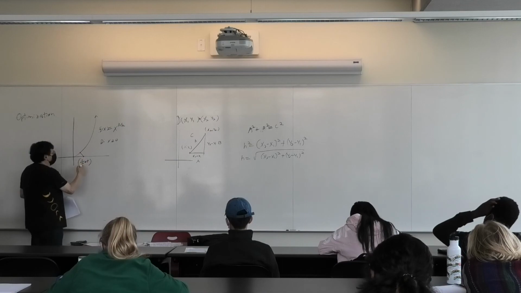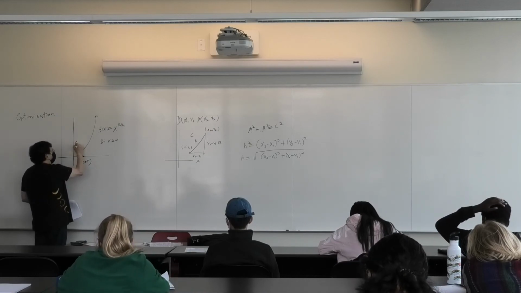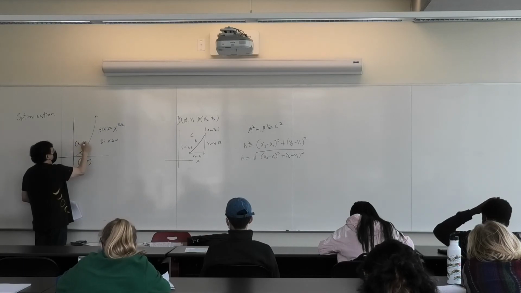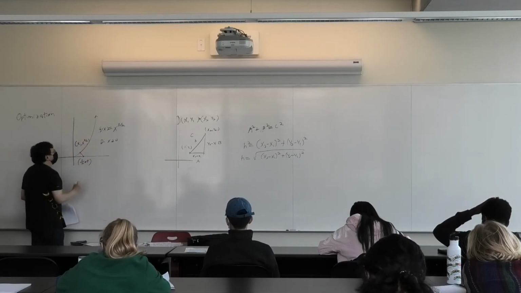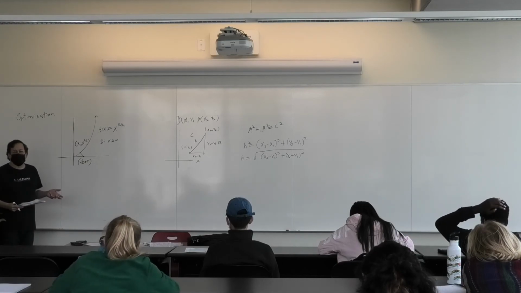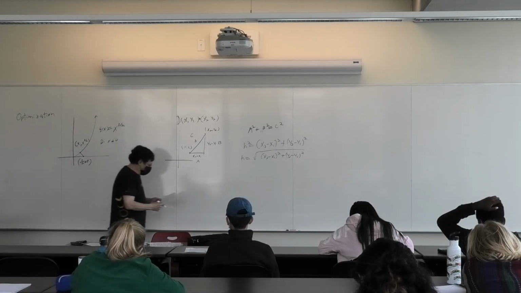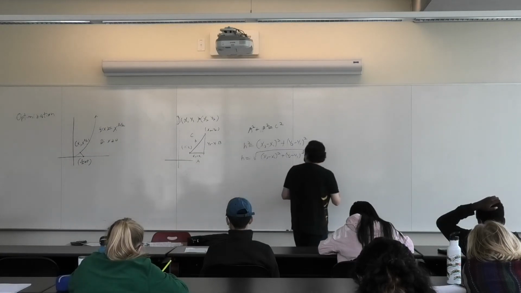We have 2 points. One of them we know the coordinates. For the other, we know the coordinates are x and x to the 3/2. And we want to minimize the distance using the distance formula. So let's try that.